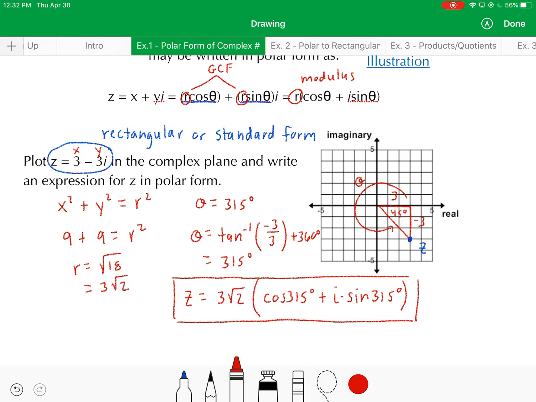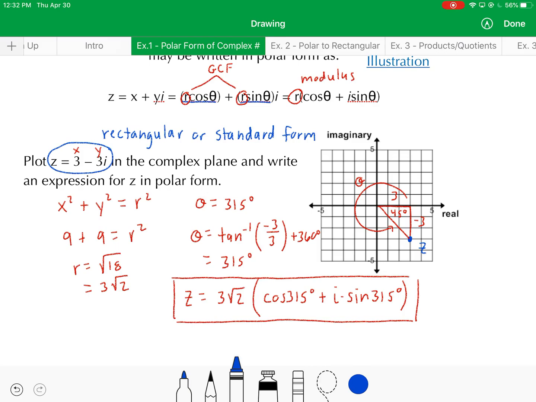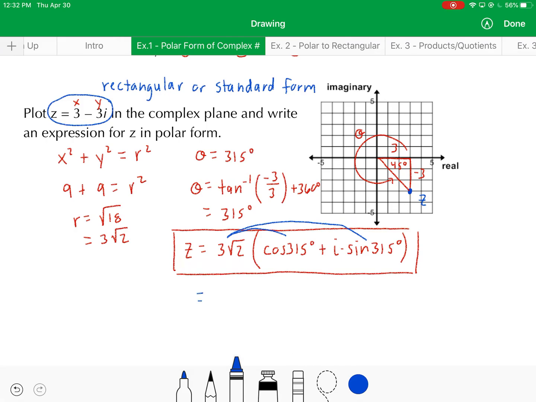All right, now the nice thing about these, they're pretty easy to check if you've done it correctly or not. All you need to do is distribute that 3 radical 2 back through. And if you've done that correctly, 3 radical 2 times cosine of 315 should give you 3. And then 3 radical 2 times i sine of 315 should give you negative 3i. Okay, so it's pretty simple to check there.